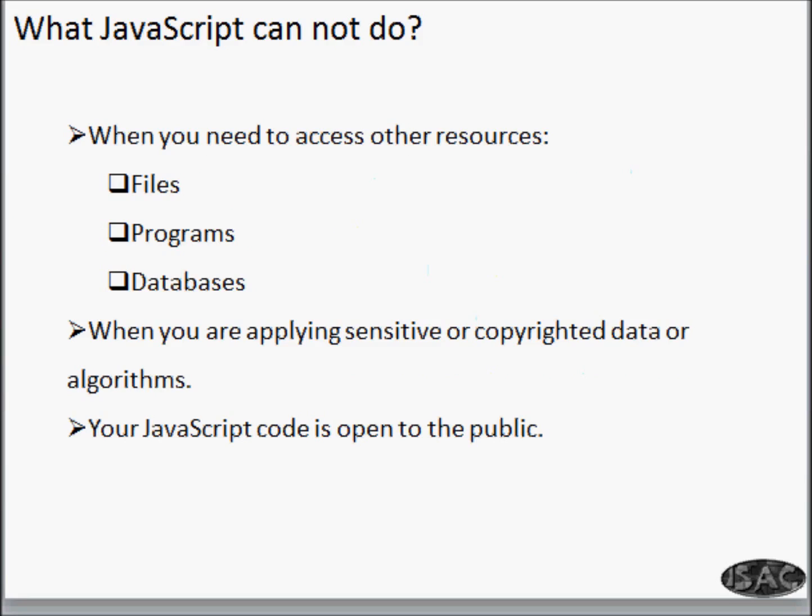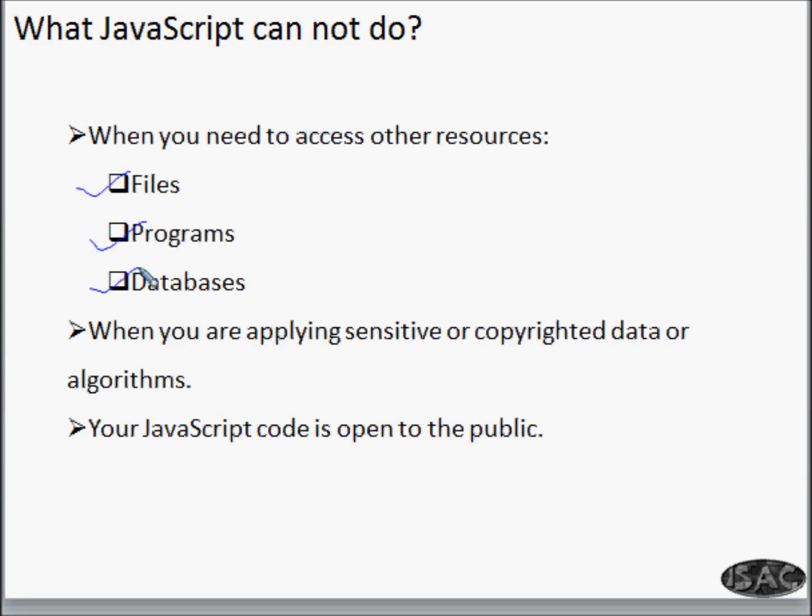What JavaScript cannot do? When you need to access other resources like files, programs, or connect with a database, it cannot do that. It cannot interact with your local files, local programs, or any kind of database. So don't try to write database connectivity code here.